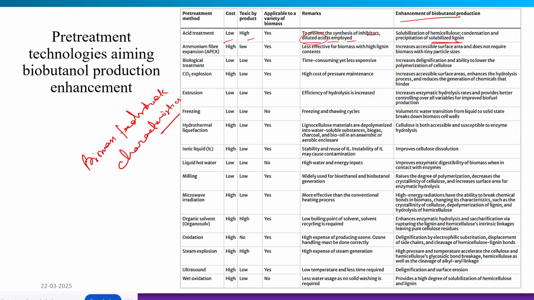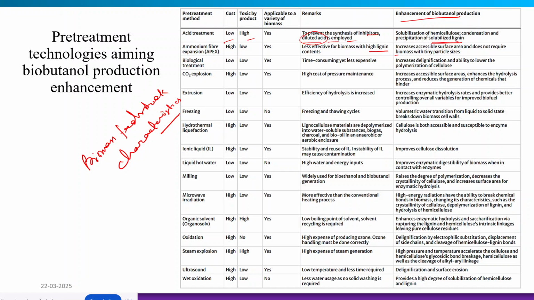Coming to the ammonia fiber expansion process, it is less effective for biomass with higher lignin content. So this kind of pretreatment process we have discussed here in a detailed way. Here it mostly represents the most available technologies for the pretreatment of lignocellulosic biomass.